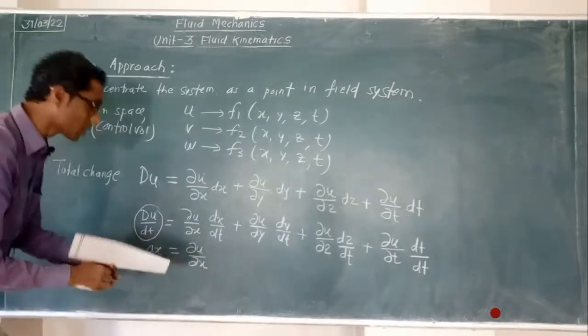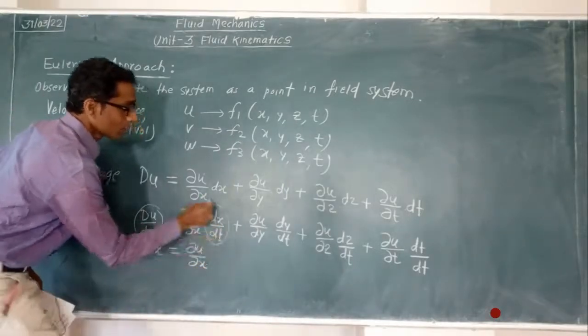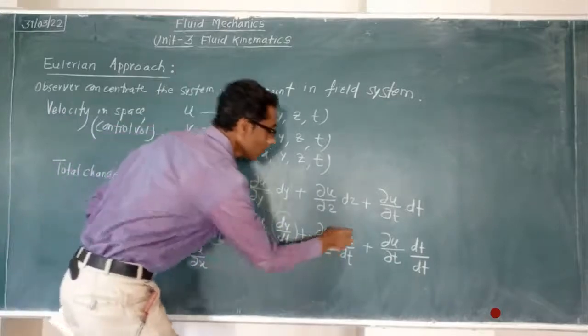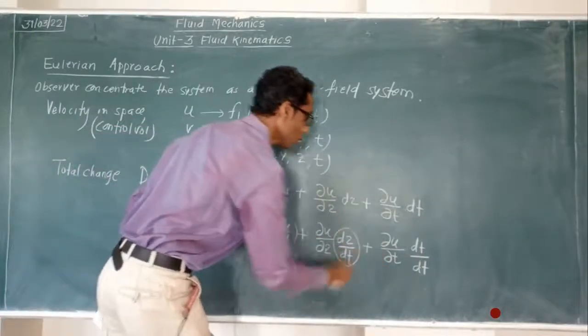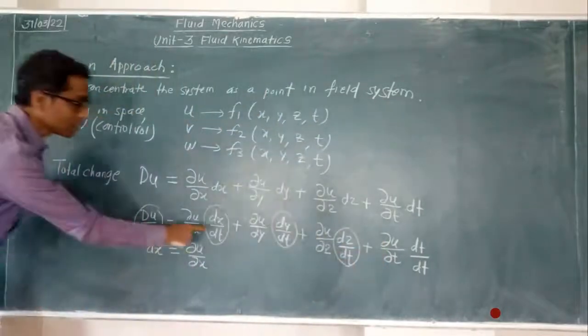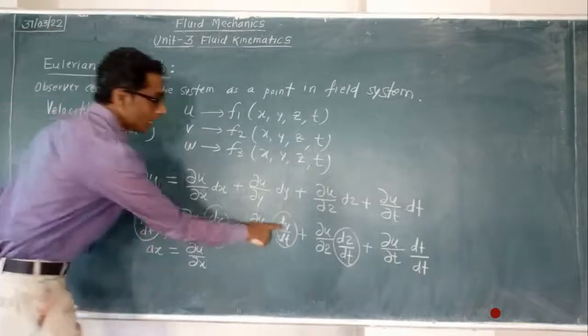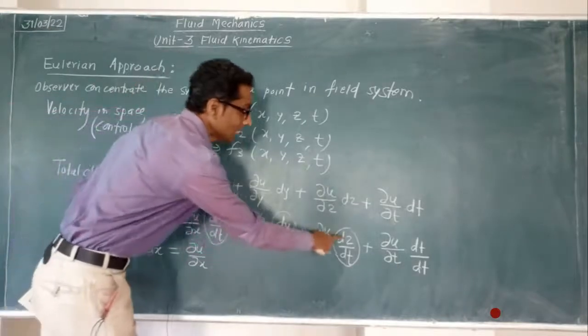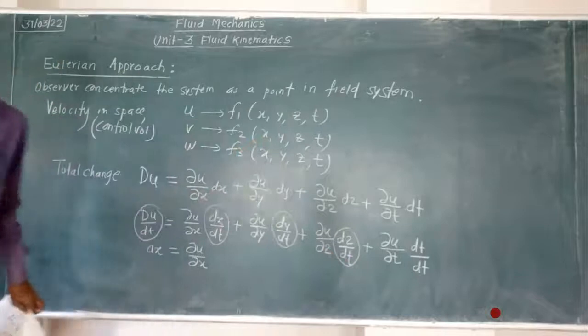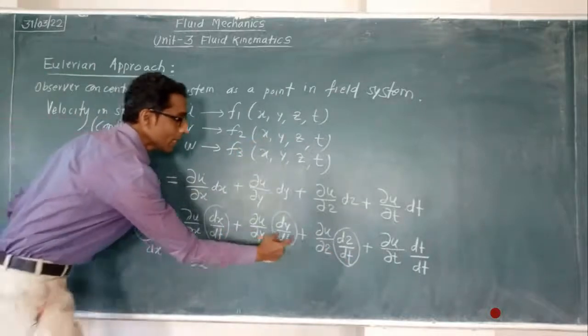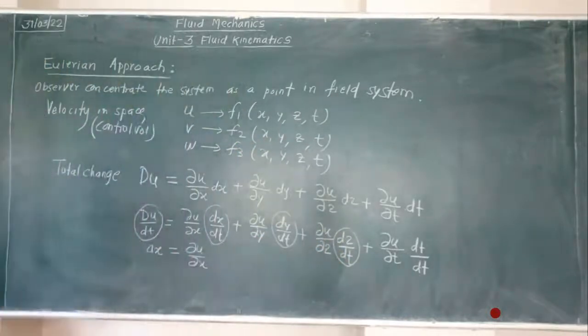Now you can observe here, these are local velocities. dx by dt is u, dy by dt is v, and dz by dt is w. So u, v, w, these are the local velocities.